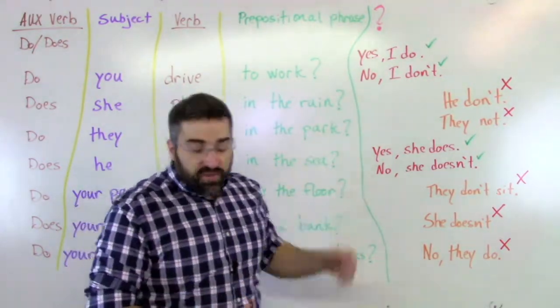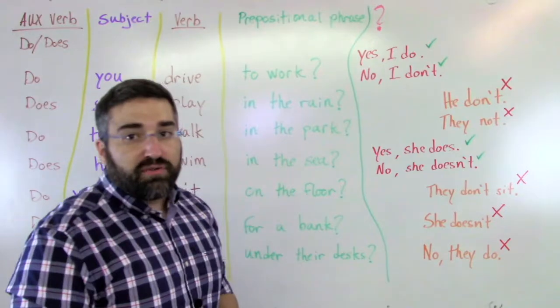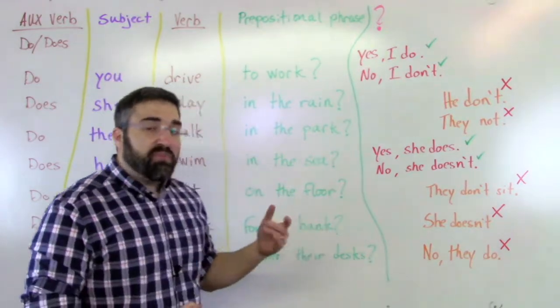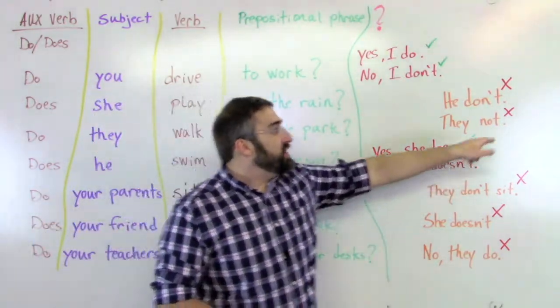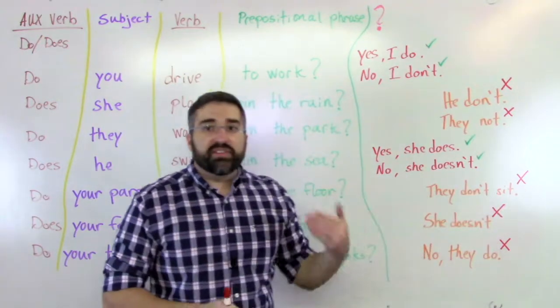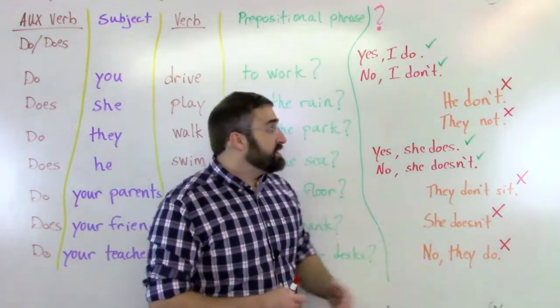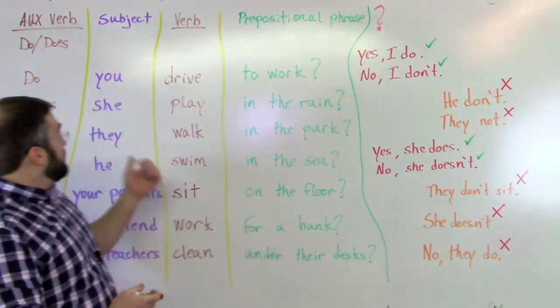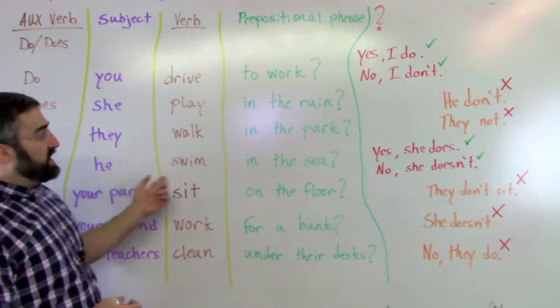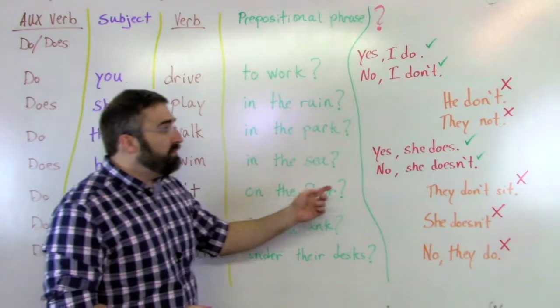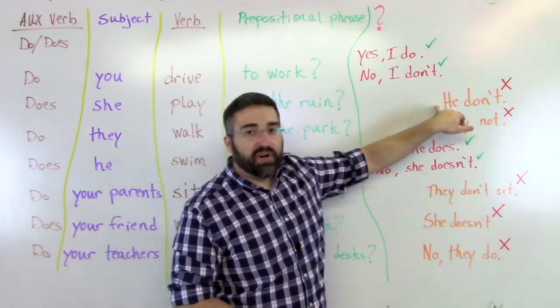So I do have some wrong answers over there, okay? Some ways that people make mistakes, and you can see I put little X's on there to let you know this is a mistake, okay? Don't say these things. So let's see, does he swim? No, he don't, right?